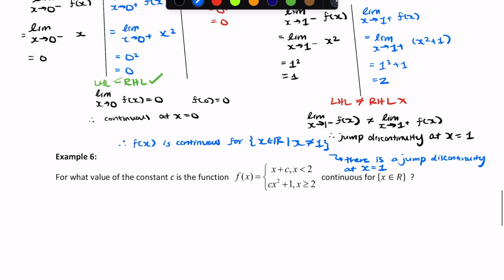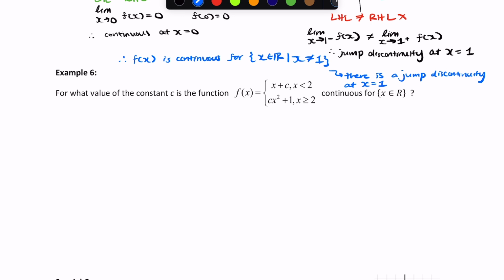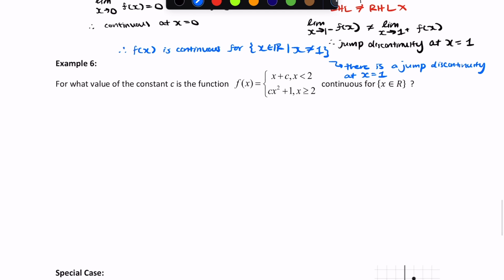Okay, so let's look at this last one here. It says, for example 6, for what value of the constant c is the function f of x equals x plus c, x is less than 2, and c x squared plus 1, x is greater or equal to 2, continuous for x is an element of real numbers.